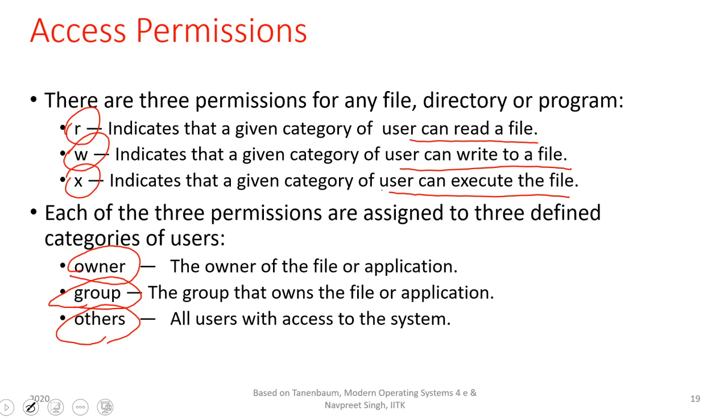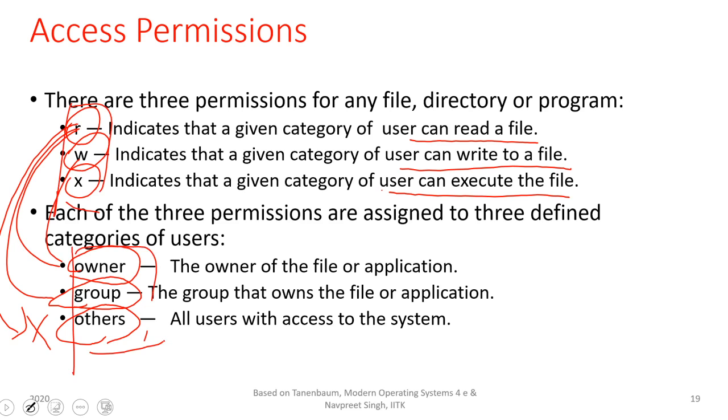Say, for example, we can say the owner can read and write, people in the group can also read, and others cannot read. Or we can say others can also read. So we can specify who can do what actions under what conditions.